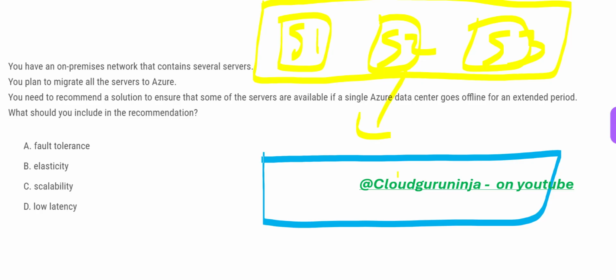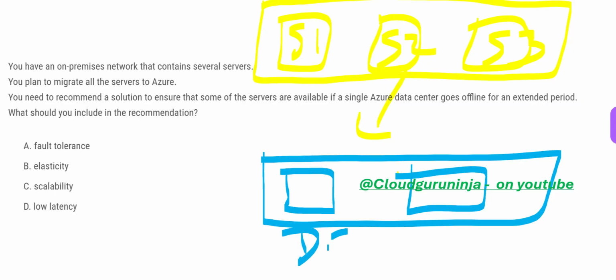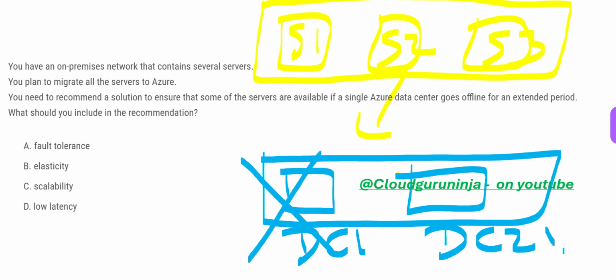You need to recommend a solution to ensure that some of the servers are available if a single data center fails. That means on Azure, you should put it in multiple data centers. This is DC1, this is DC2. If a single data center fails, for example if this fails, this is still up and vice versa. So what should you include in the recommendation?